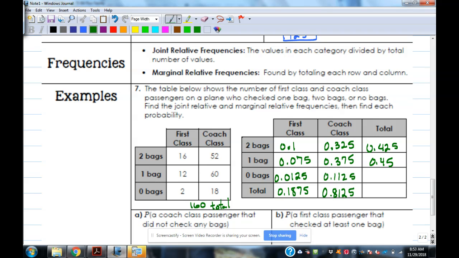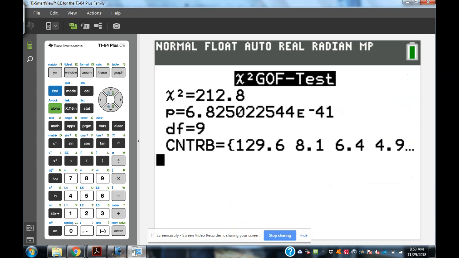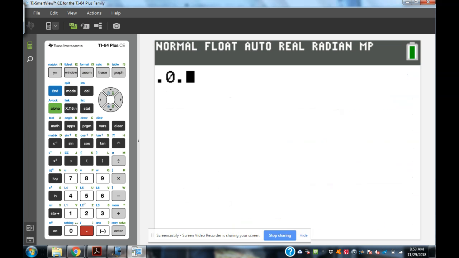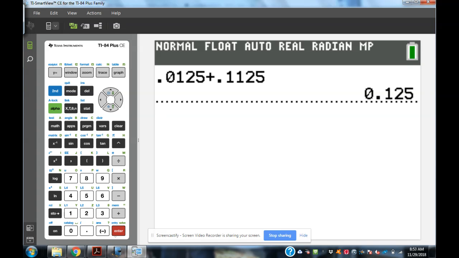Add across here. 0.0125. I can't type things in my calculator.